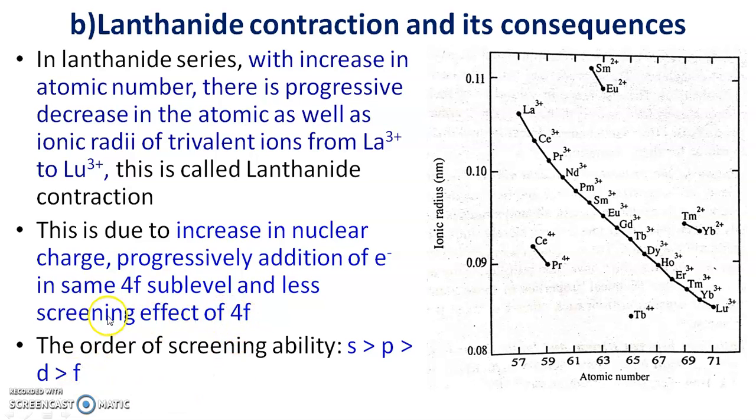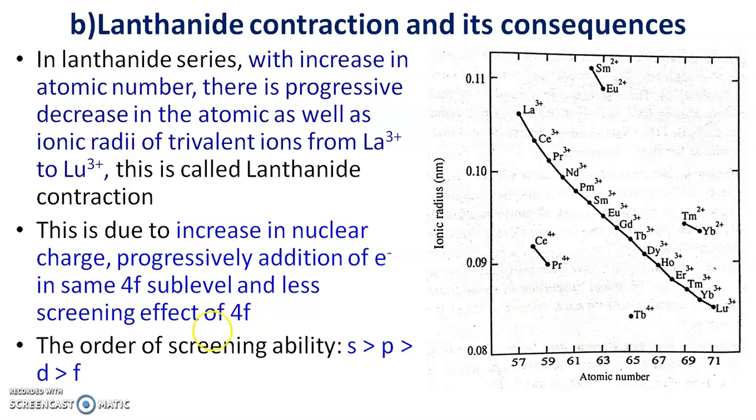So because of the less screening effect caused by 4f orbitals, the impact of the positively charged protons on the electrons progressively added in the outermost shell is more.